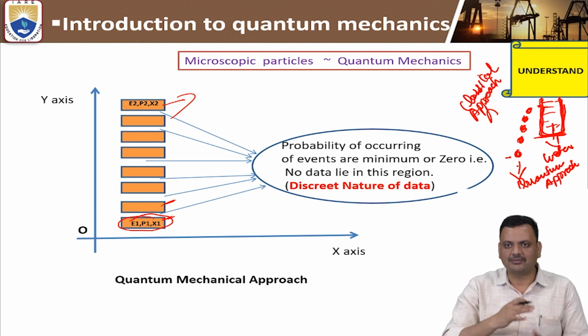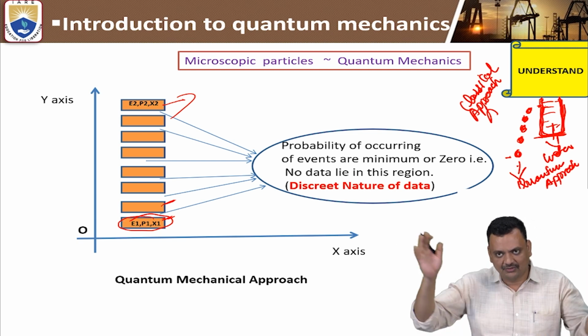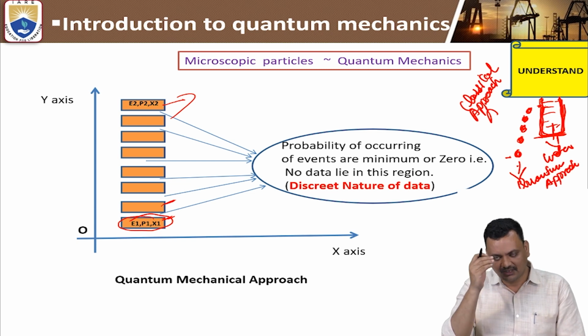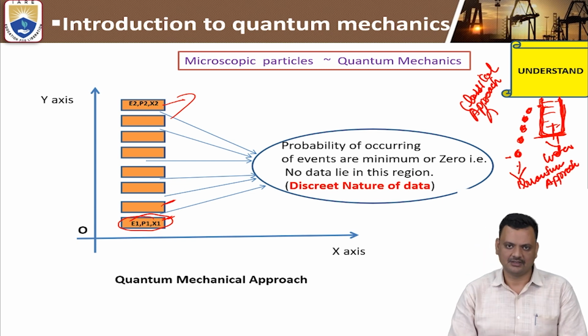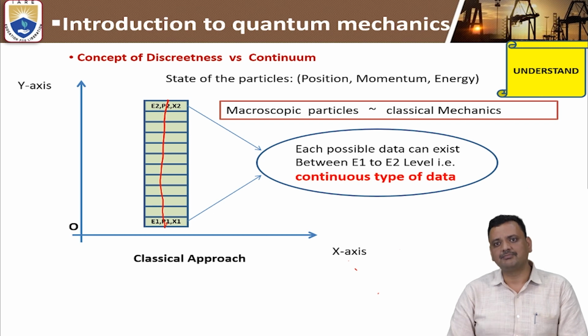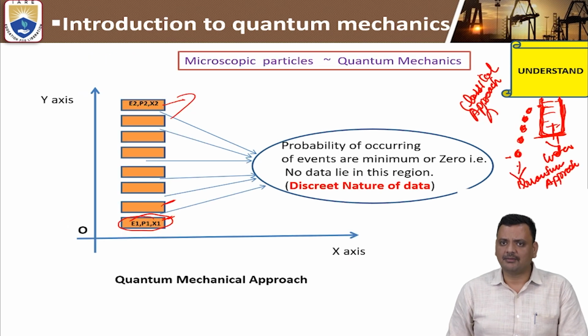Not in the form of a continuous set, it will come in the form of a discrete set. So classical mechanics believes in a continuous approach, but quantum mechanics believes in a discrete approach of anything. Means it can't be continuous.